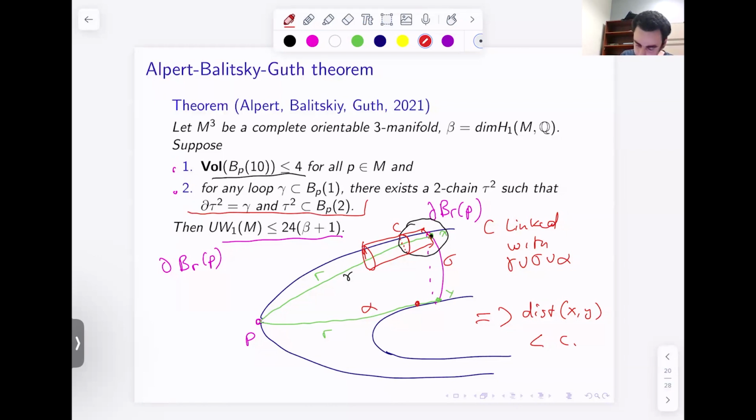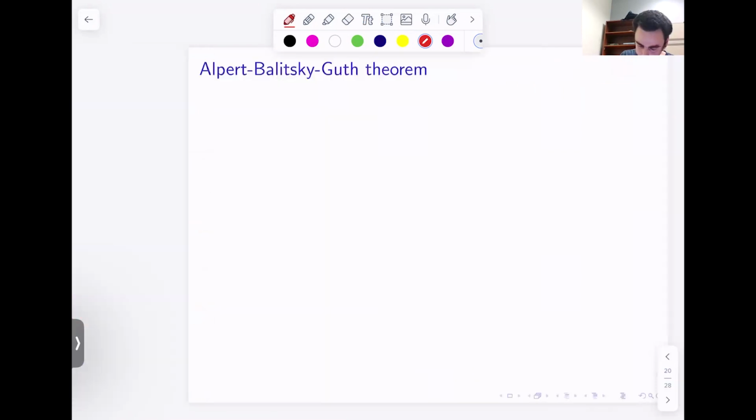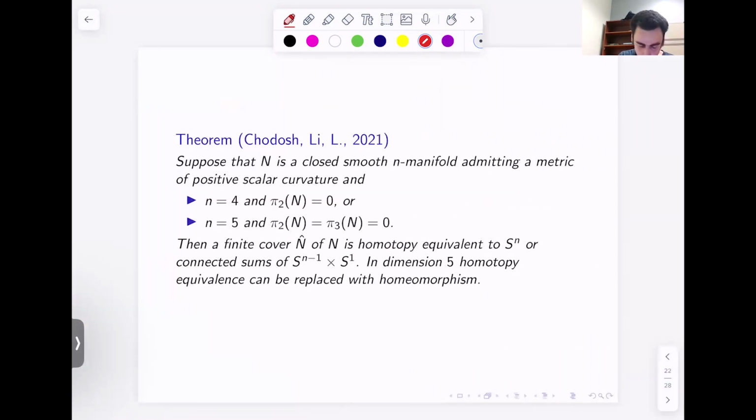So this argument was a key step in our paper with Otis Chodosh and Chao Li, which classified some positive scalar curvature manifolds in dimension 4 and 5. So you can think of it as a kind of a generalization of the spherical conjecture in these dimensions. So if the manifold is spherical, then it cannot have positive scalar curvature.